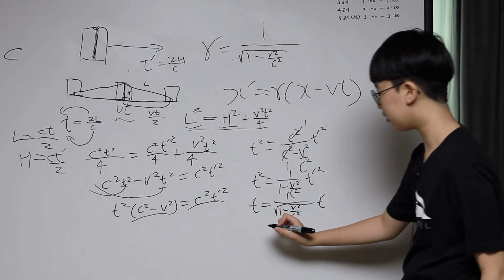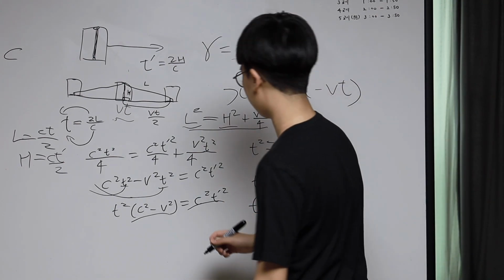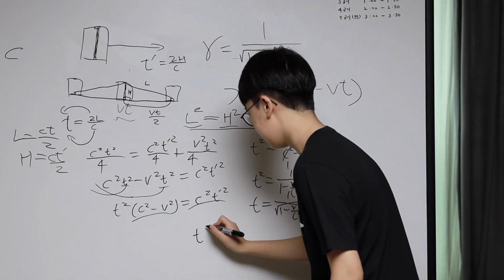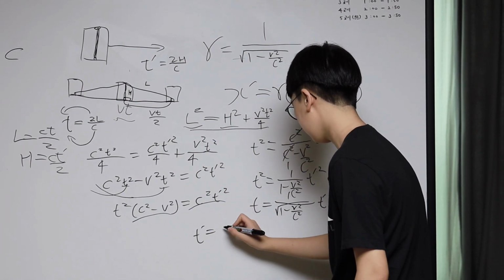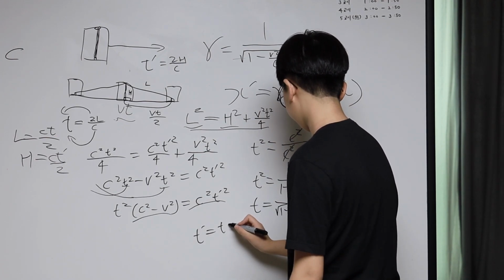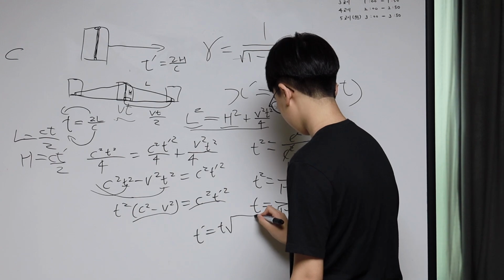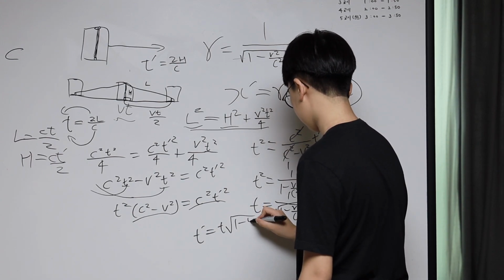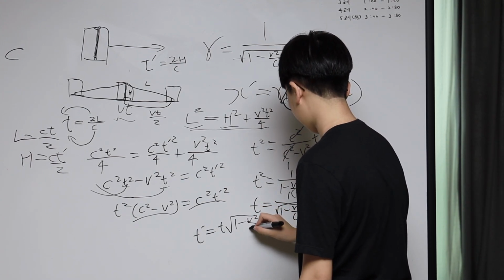Before that, we can also write the equation as t prime equals t multiplied by the Lorentz factor.